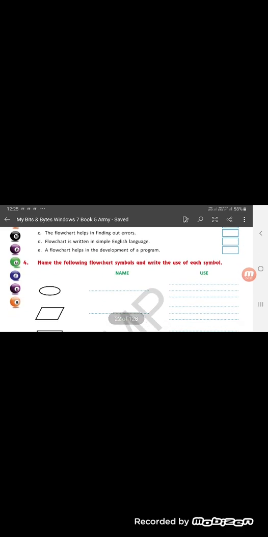So what are the symbols and use of each? So the first symbol is oval. The name is start stop. The use is to start a flowchart and to stop a flowchart. That you can take from the answers I'll be sending you.